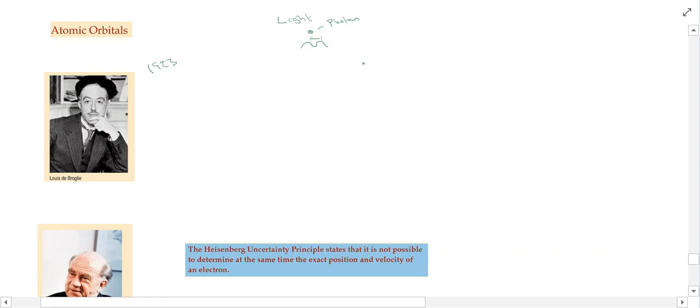A way to think about that is the photoelectric effect. If you take, let's say, a metal, and you bombard that metal with light, with these particles of light known as photons, this metal will give off, or kick off, an electron.